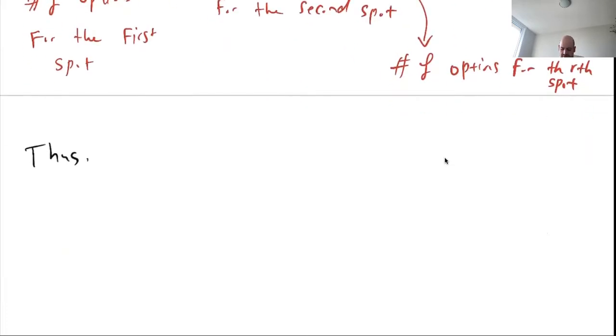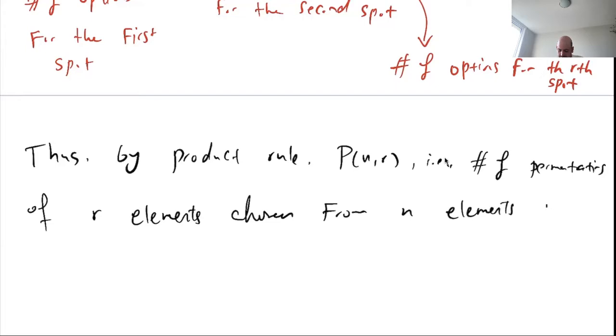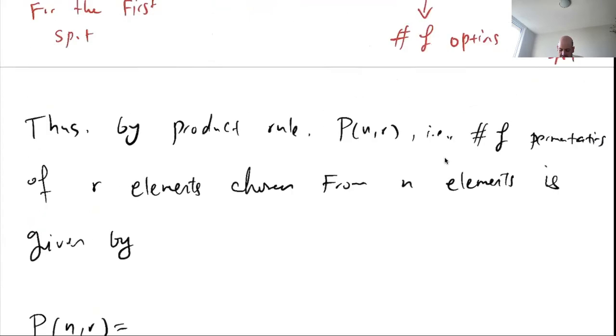So thus, again, by the product rule, P(N,R), i.e. the number of permutations of R elements chosen from N elements, is given by P(N,R) equals, so I have to just multiply them, right?